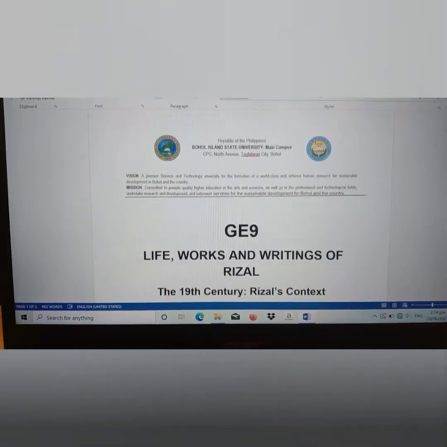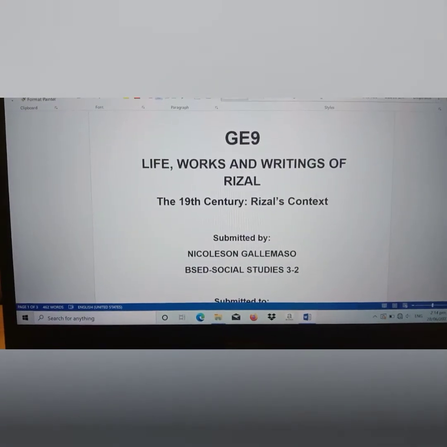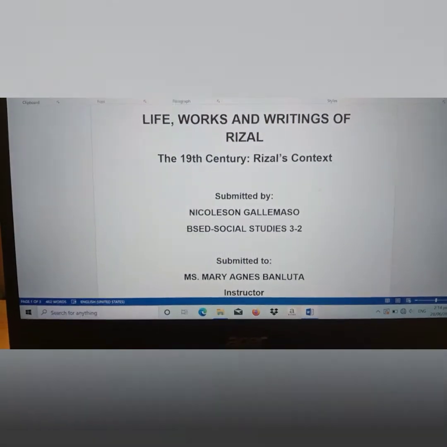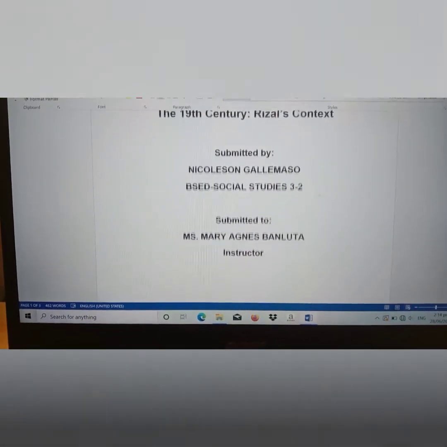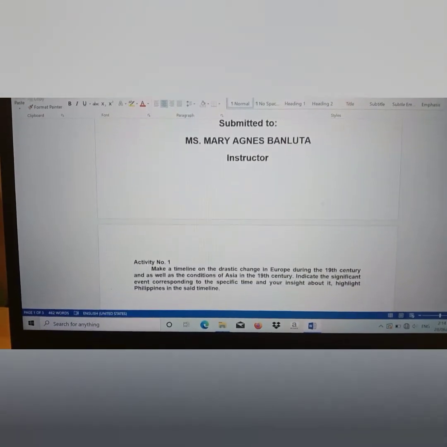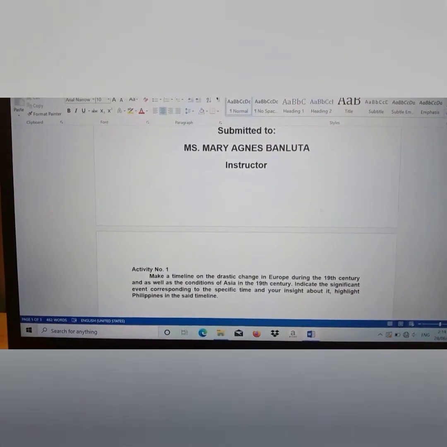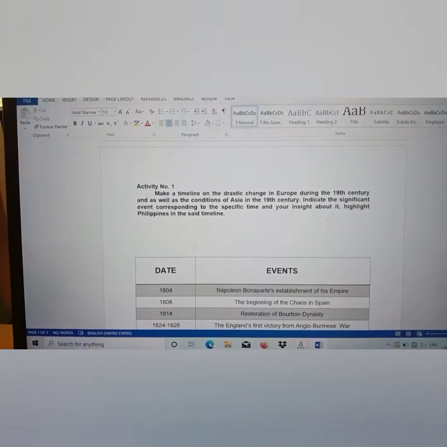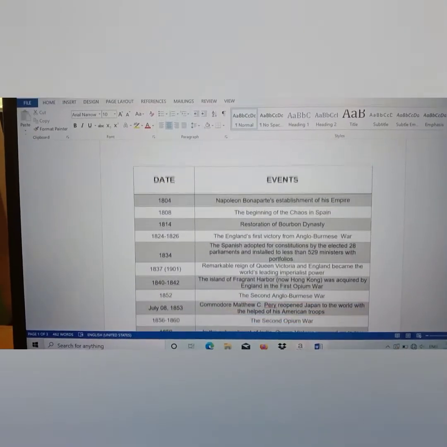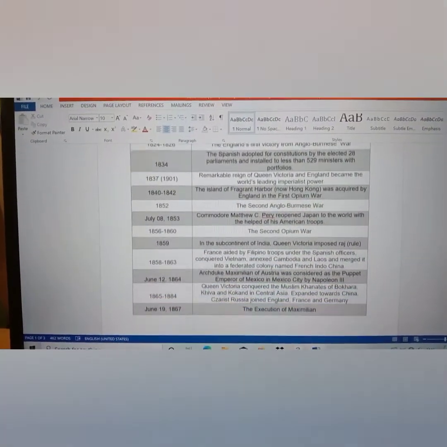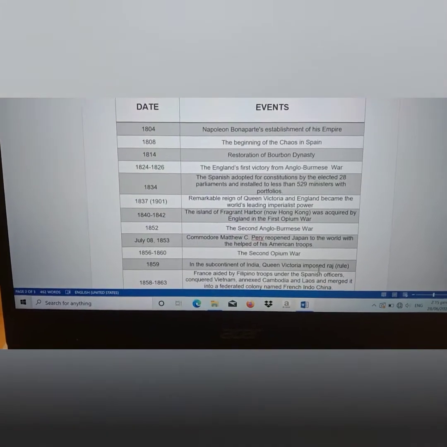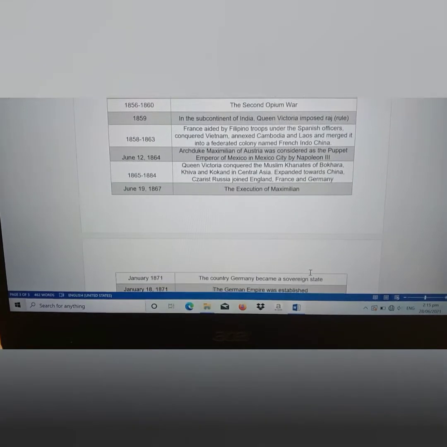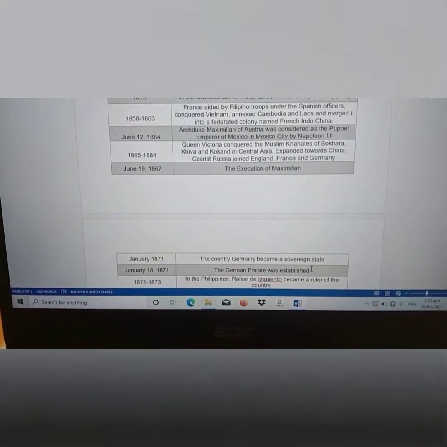Okay, now we are at Mr. Galyamaso's work. It is submitted to Miss Mary Agnes Panuta, instructor. And he also included the direction or instruction for my activity. His work is simple, but he feeds us with content each year, what had happened each year.